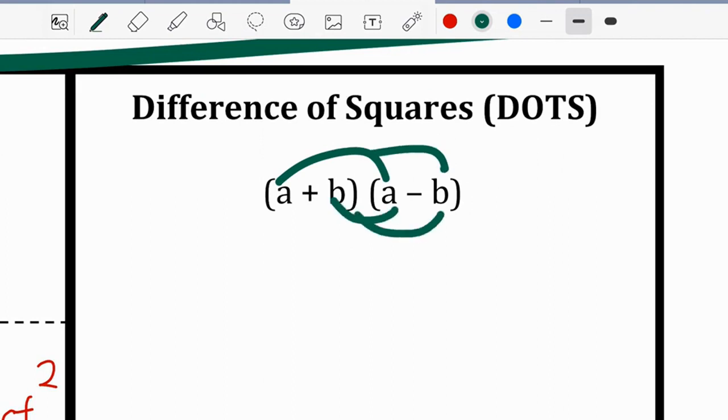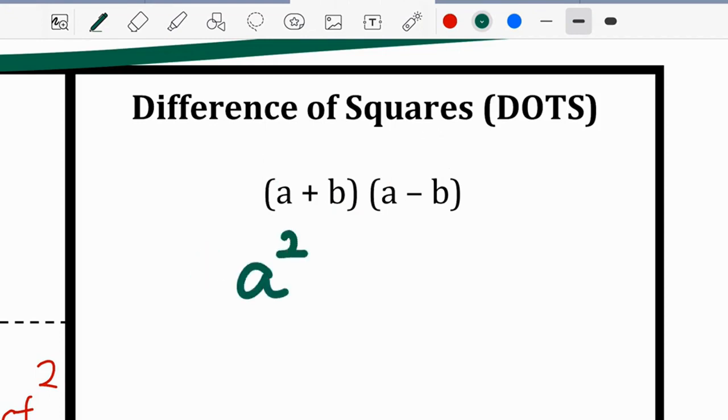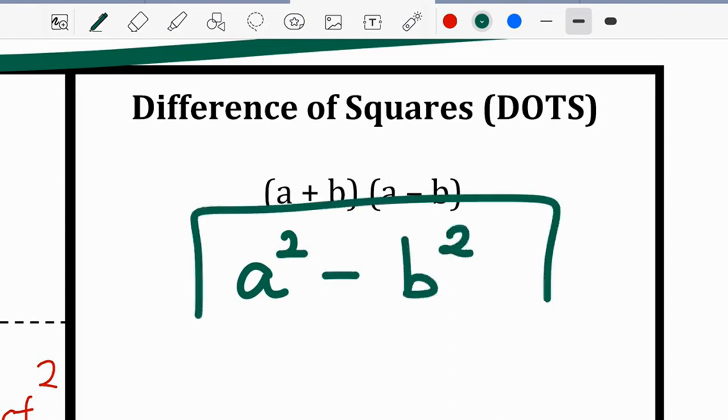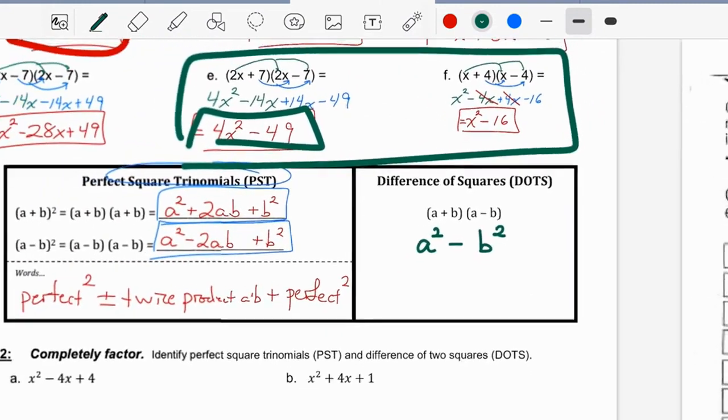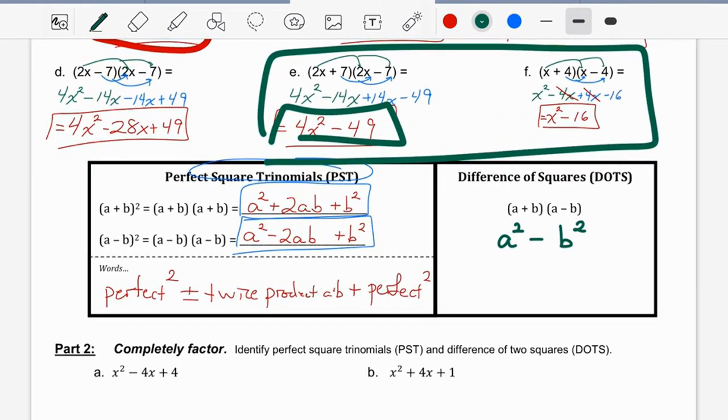Well, if I do the distributive property here, my term in the middle is going to cancel out, and I'm only going to be left with an A squared and a minus B squared. And when I have an A squared and a minus B squared, we call that a difference of squares. It's basically going to be perfect squared numbers with a subtraction sign between them.